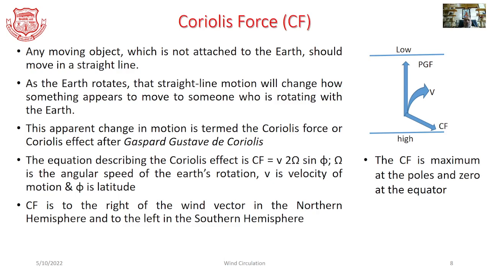The Coriolis force, as we consider its action, is on the right side of the wind vector in the northern hemisphere, whereas it is on the left in the southern hemisphere. Also, this Coriolis force is maximum at the poles, and as the object is moving along the equator freely, this force will be zero.